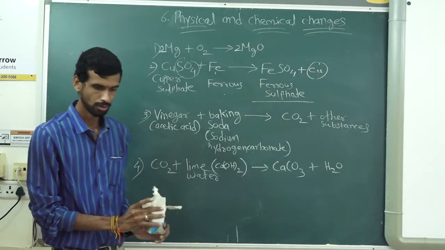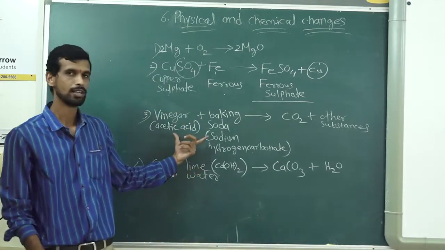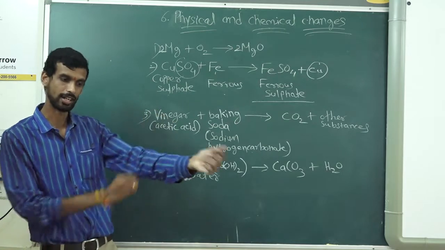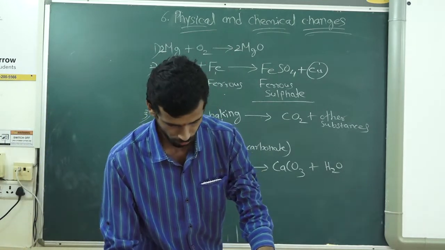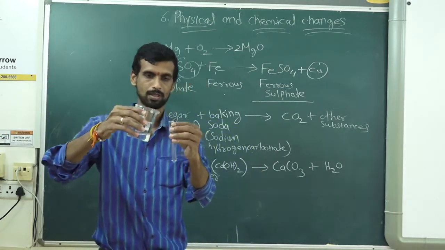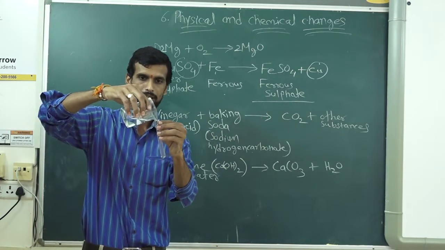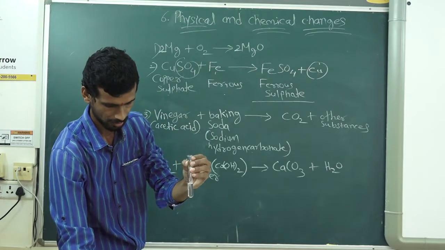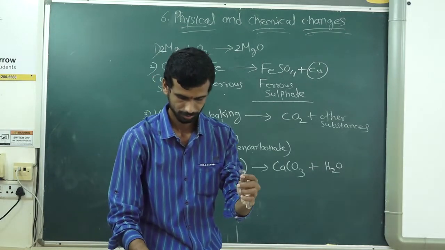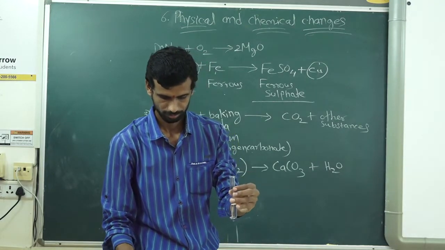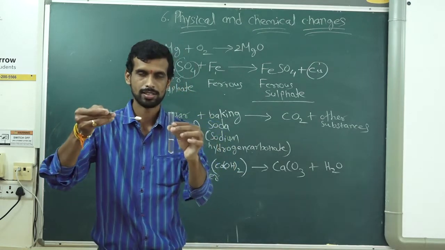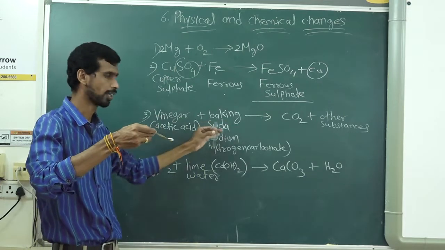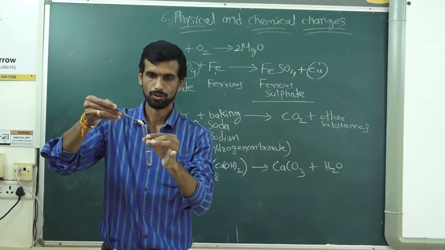Fine. Now we will mix these both. We will add baking soda to the vinegar and let us see what happens. So first I will take vinegar, or you can call it acetic acid, in a test tube. Then, see properly, I am adding baking soda.